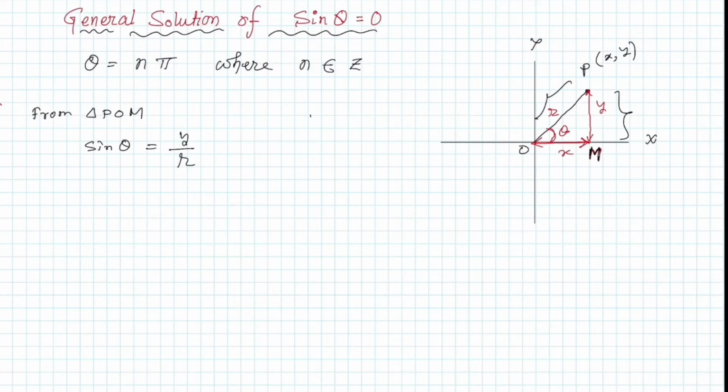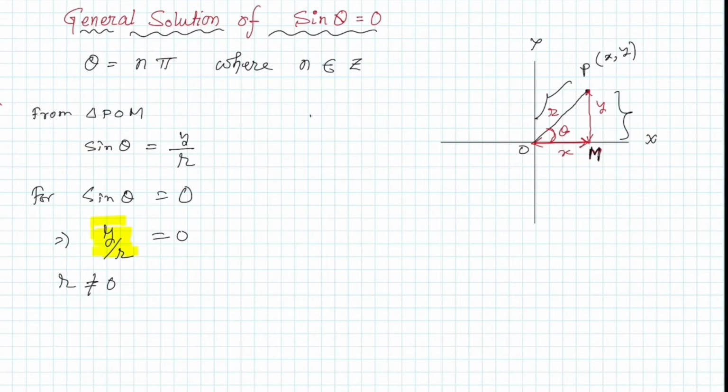And for sine theta is equal to 0, we can write y by r is equal to 0. And in this case r cannot be equal to 0, because if r is 0, then this fraction y by r will be not defined. So that's why r cannot be equal to 0.